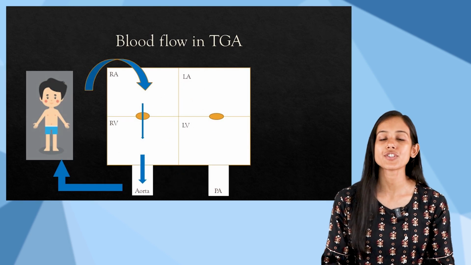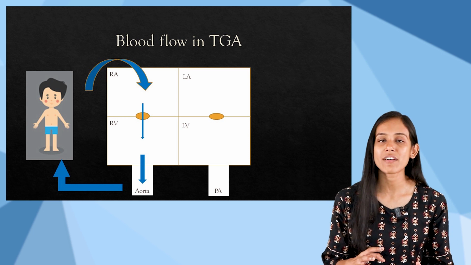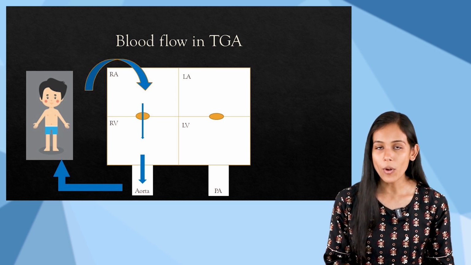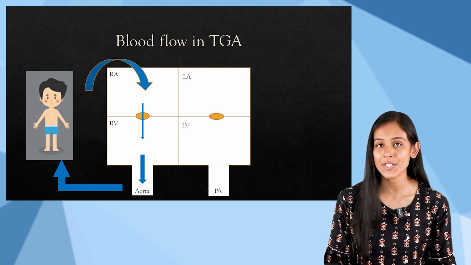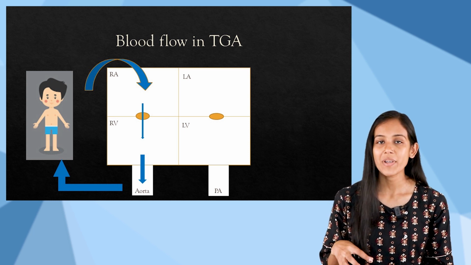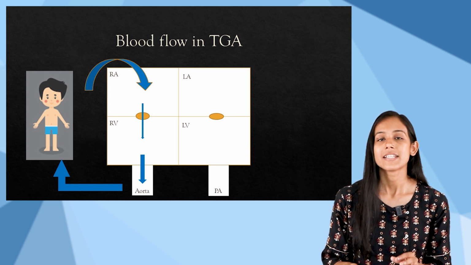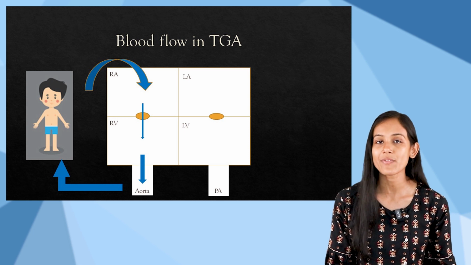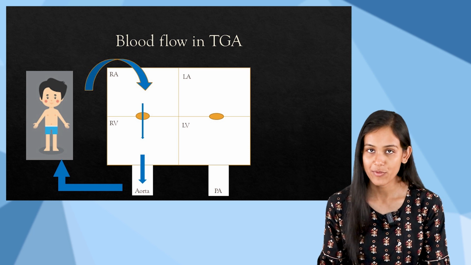But in transposition of great arteries, as we are saying that they have switched their position, that means the aorta is connected to the right ventricle instead of the left ventricle. And the pulmonary artery, which is supposed to be connected with the right ventricle, is actually connected with the left ventricle.